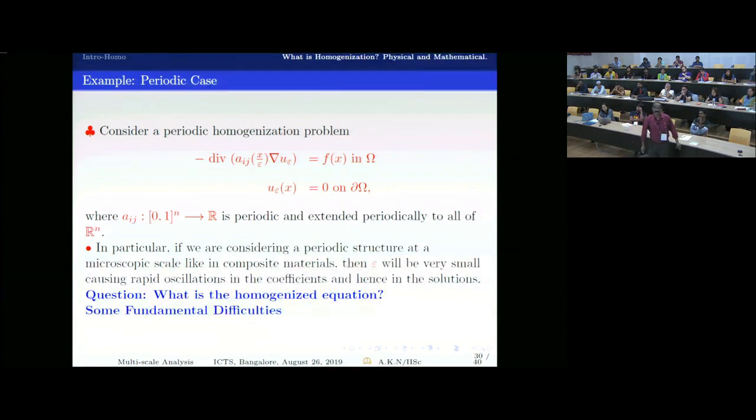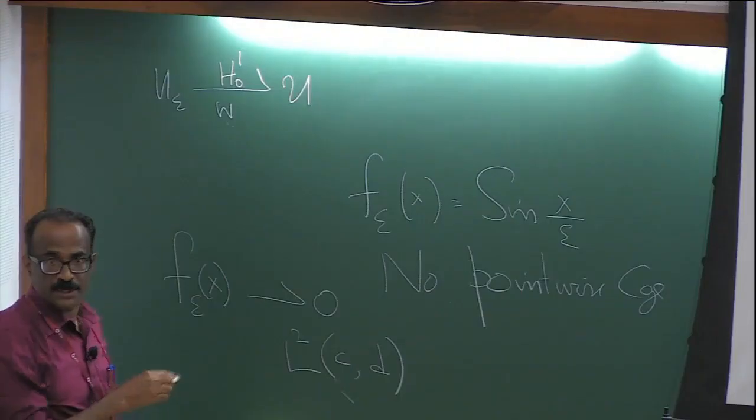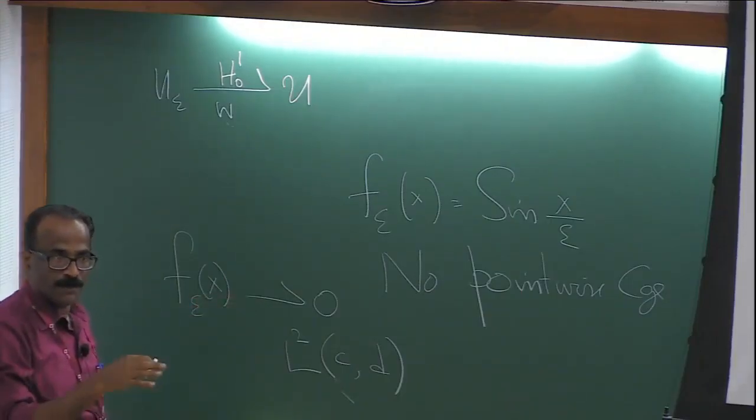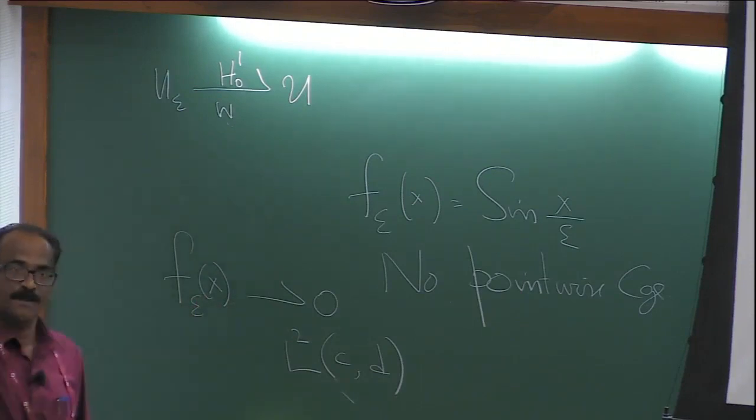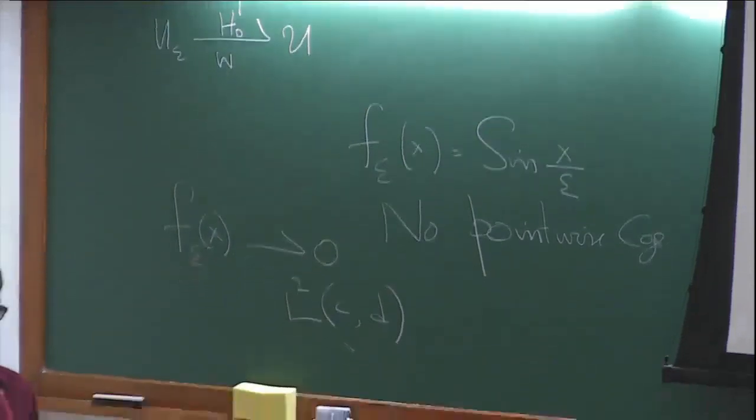So that's what we are saying: u_epsilon converges weakly to u in H^1_0. This is a Sobolev space. If you have not understood, you will learn soon, or if you have not learned it in her lecture, learn it by tomorrow morning. In the evenings you can learn.